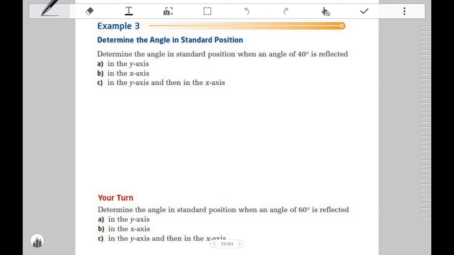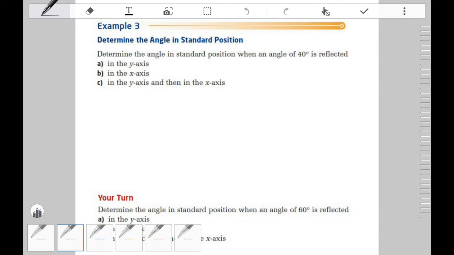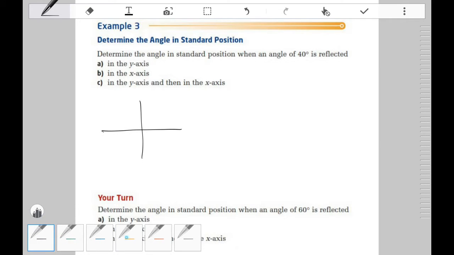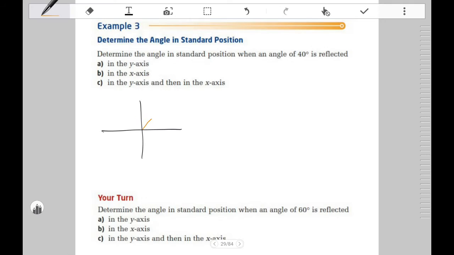One of the last examples here, we want to determine the angle in standard position when an angle of 40 degrees is reflected in the y-axis, the x-axis, and the x and y-axis. So start with the coordinate. Here we have our angle of 40 degrees.